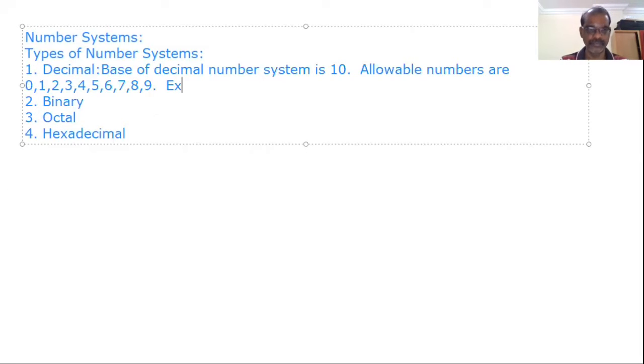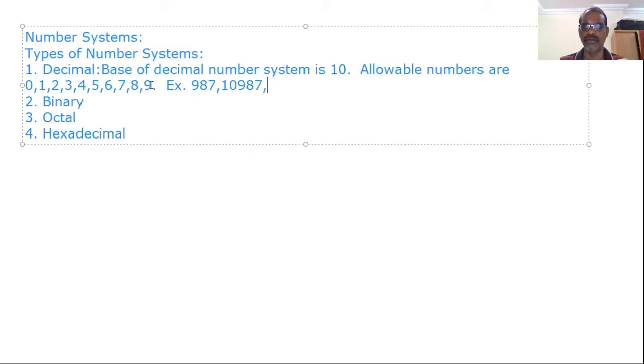Example, 987. This is one decimal number system example. 10987. Whatever may be the number, all the numbers should contain only 0, 1, 2, 3, 4, 5, 6, 7, 8, 9.